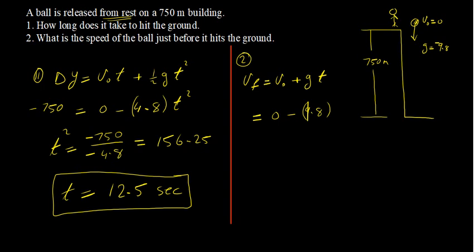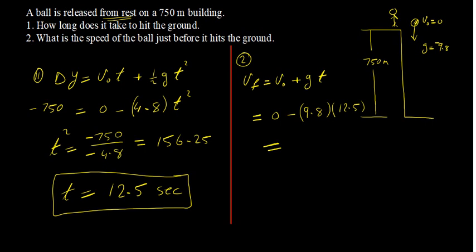multiplied, oops, sorry, let's fix this one. It's 9.8 multiplied by the time, which is 12.5. Now, let's do the maths.